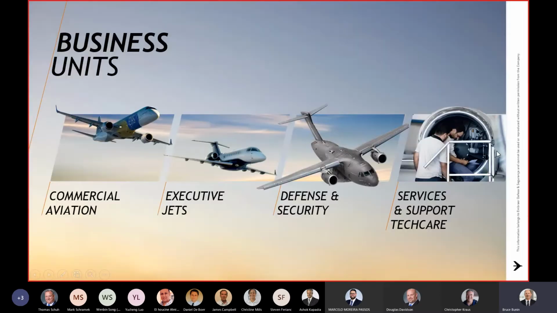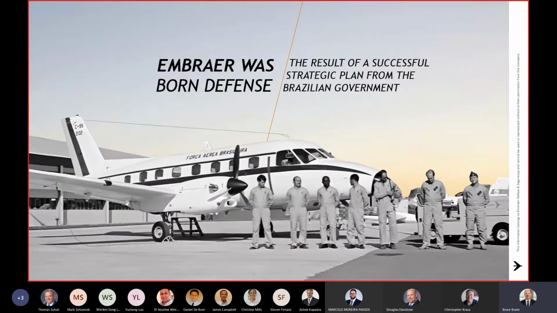Let's see if I can make this work. Okay, so we all know that these are the 4 primary business units in Embraer, defense and security being one of those. What you may not know is that the company was actually born out of defense.